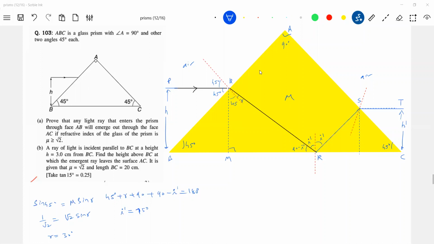After getting I dash, which is 75, the remaining angle will be 15 degrees. From that, I'll get the length MR. I'll call this beta.